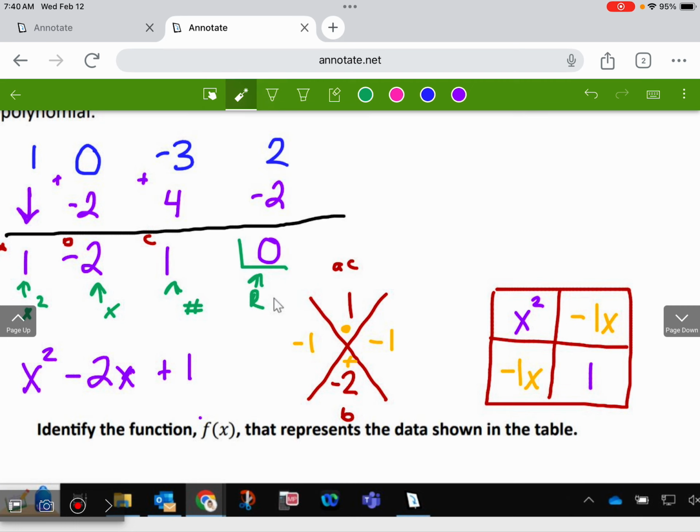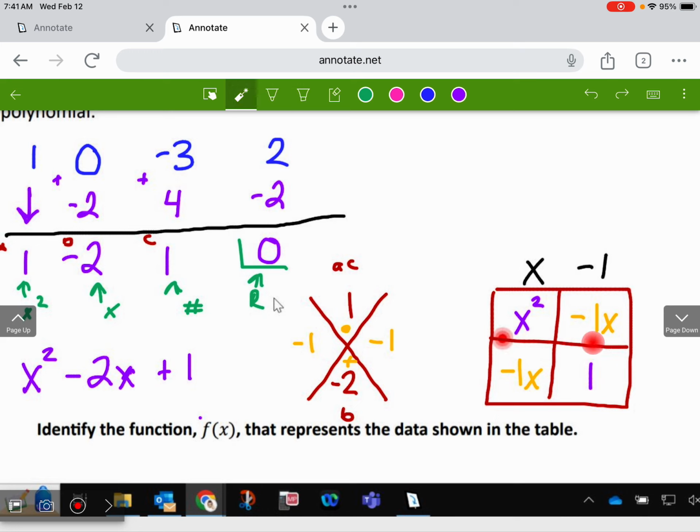What is shared between x squared and minus 1x? Just an x. What is shared between minus 1x and 1? Negative 1. This spot is always going to have the same sign as this box, just like this spot is always going to have the same sign as this box. They're always going to match sign-wise. So let's grab our other factor, top row.